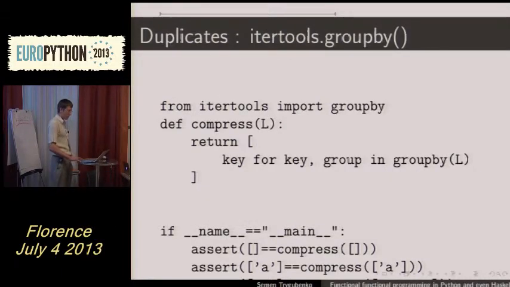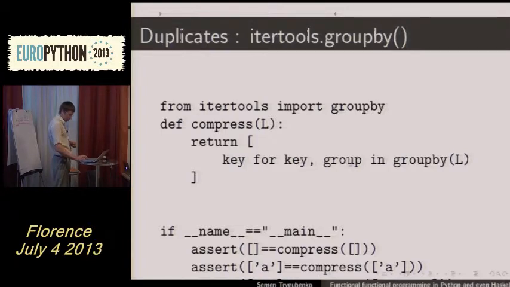There are no exercises to do yet. I'll tell you when we could start with one. Just to illustrate the point, a solution satisfying the previous set of asserts would be importing the groupby function from Itertools, which takes a list and returns key-value pairs, where the key is the representative element that is repeated, and the group is the actual iterator to the group of identical elements.